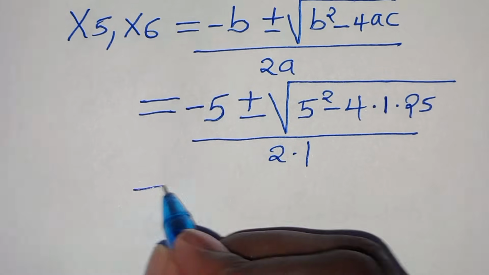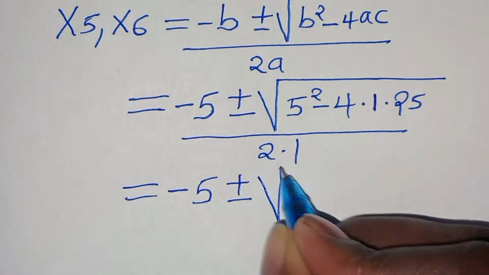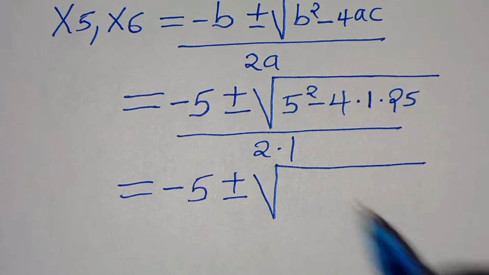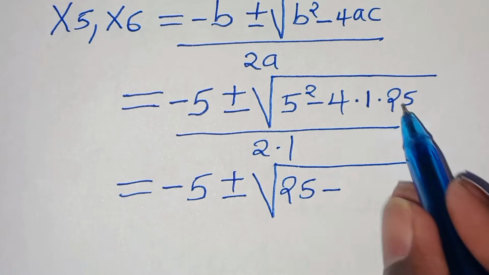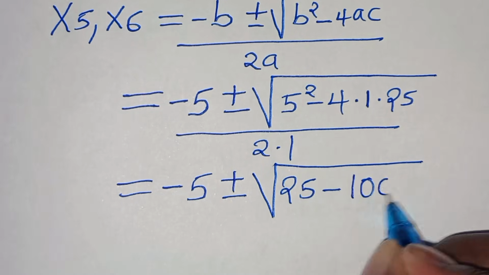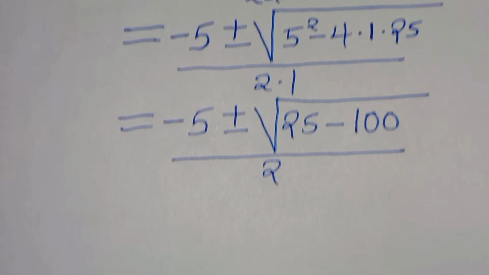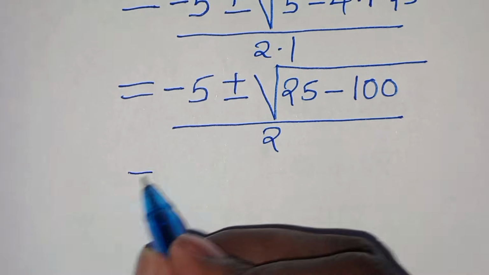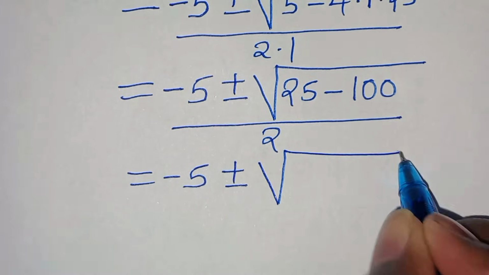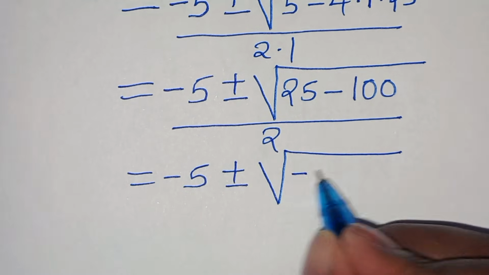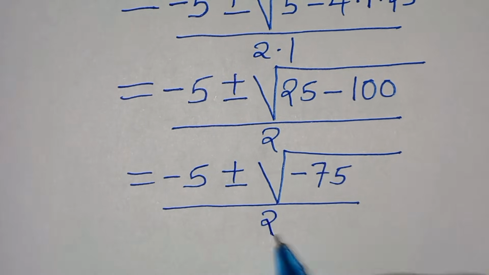So that now we have minus 5 plus or minus the square root of, now 5 squared, this is 25, minus 4 times 25, this is 100, divided by 2. Therefore we have minus 5 plus or minus the square root of 25 minus 100, this is minus 75, everything divided by 2.